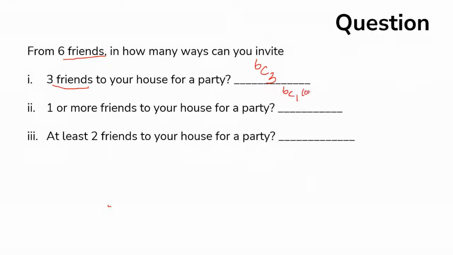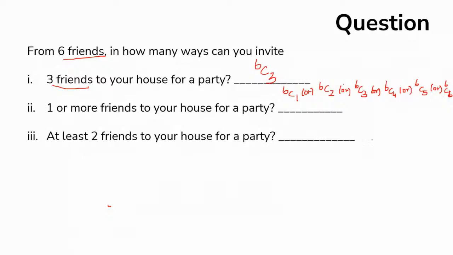Either this can happen, or two friends, 6C2, or three friends, 6C3, or four friends, 6C4, or five friends, 6C5, or six friends, 6C6.